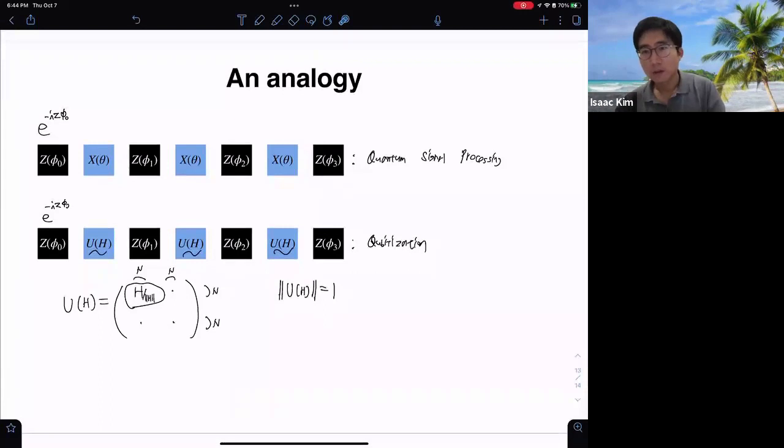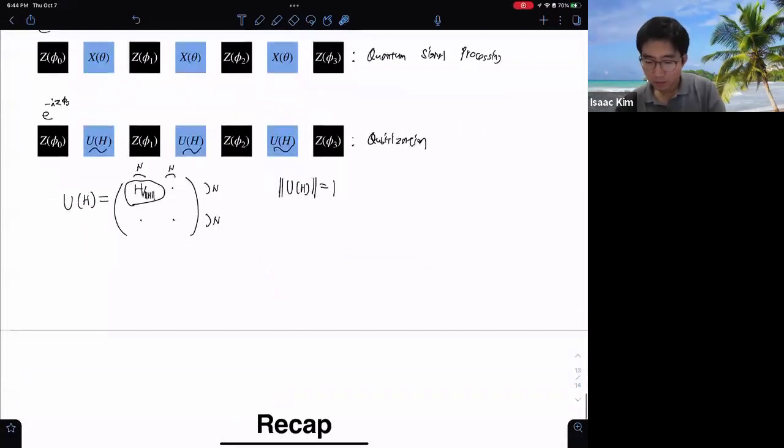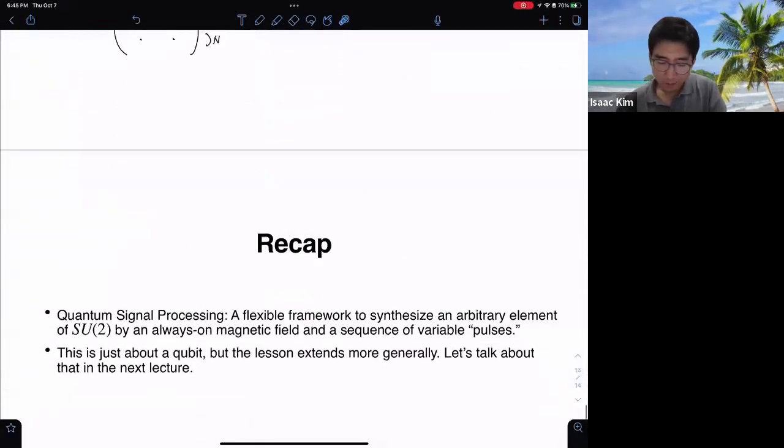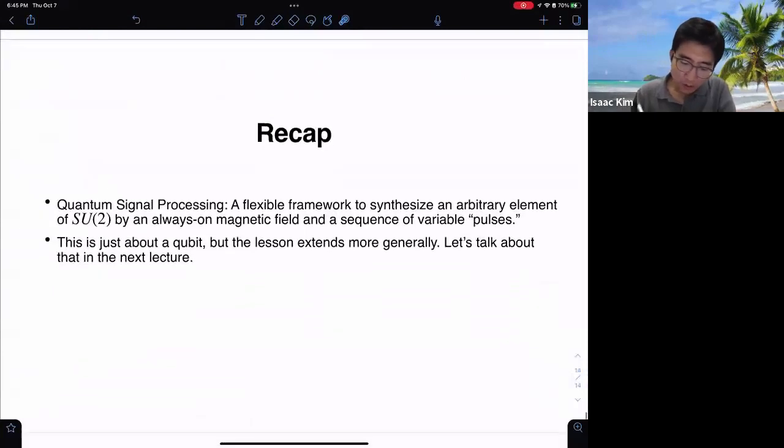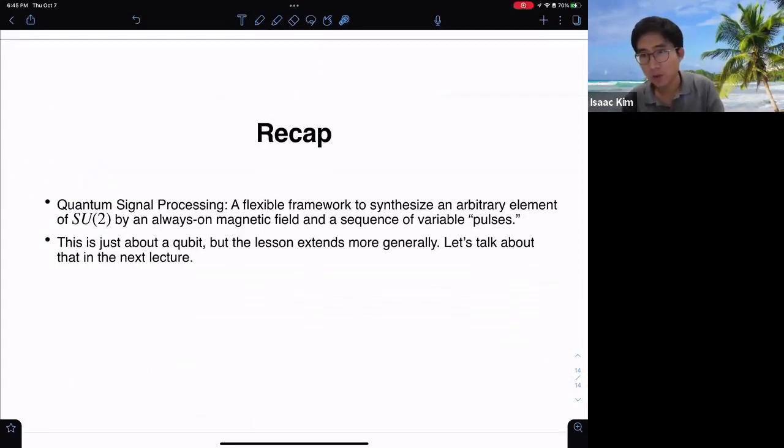Okay, so I'll have more time to talk about qubitization, but for quantum signal processing, this is it. What I wanted to show was the basic math behind quantum signal processing, which is related to qubitization.